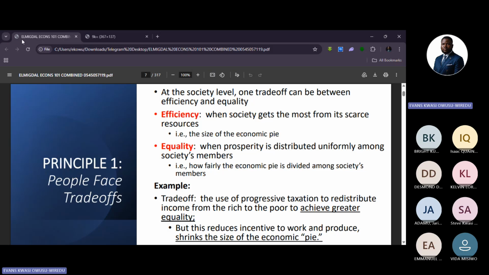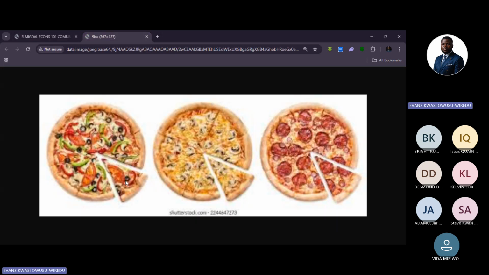So we have a total number of people at work. But how should we share the individual work among them? If you look at the pie, let's go back to the pie. Who should get the biggest? If we are giving two to someone, who should get the biggest? Who should get the smallest?